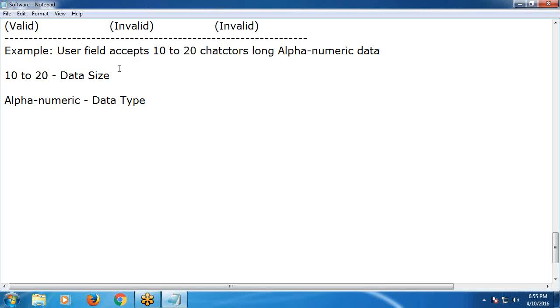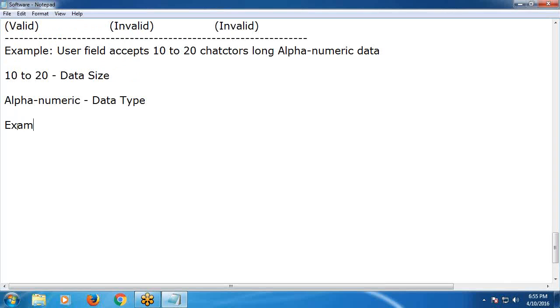Range means mathematical operations are involved. For example, 1 to 45 days, interest rate 5%, 46 days to 180 days, interest rate 6%. That is range.